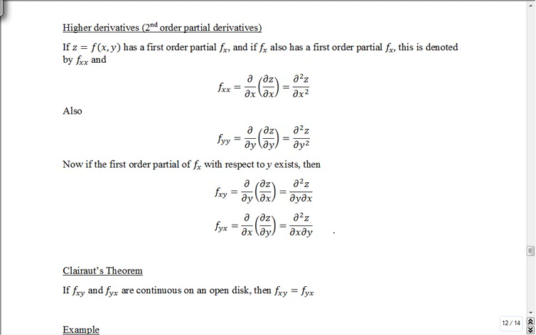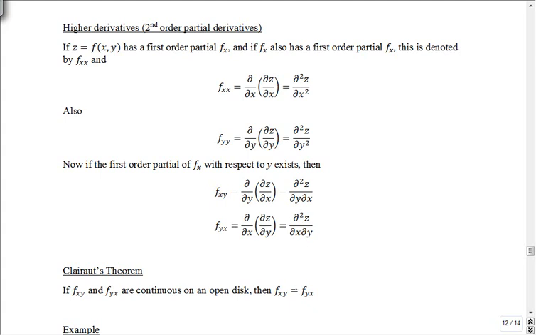Then there are others now. What if you partially differentiate with respect to x and then you partially differentiate with respect to y? Then you have fxy. So you do the x first and then the y. If you do the y first and then the x, then you have fyx. And that is a notation for it.